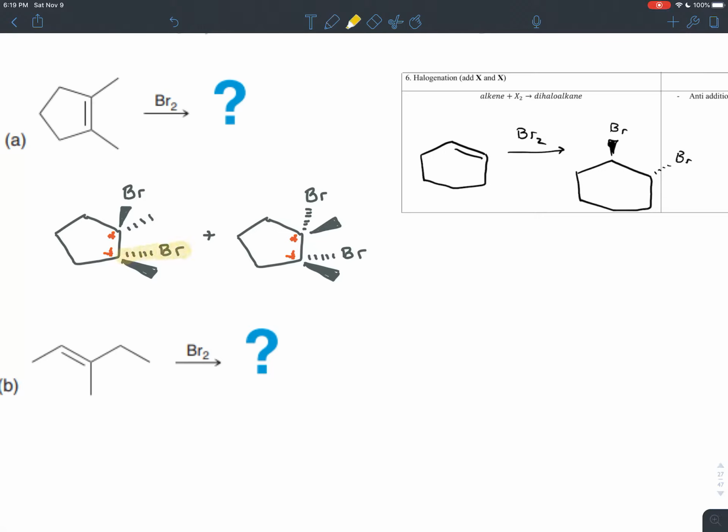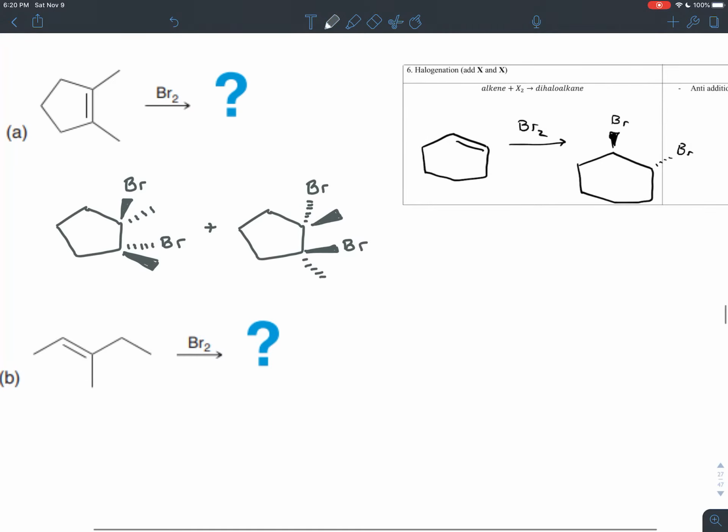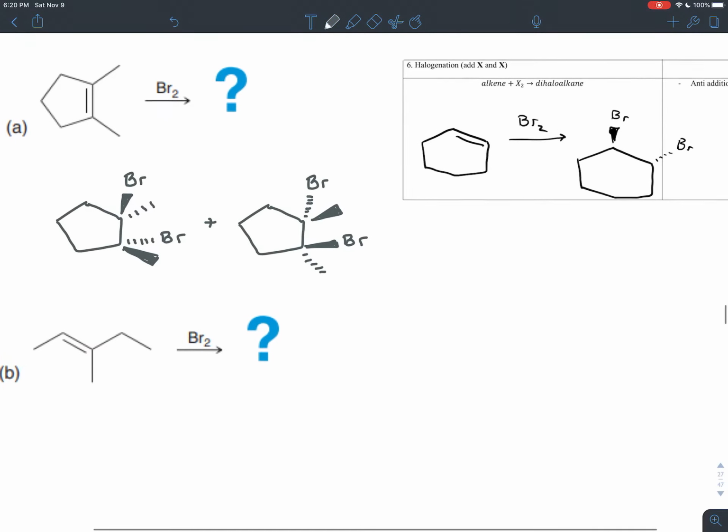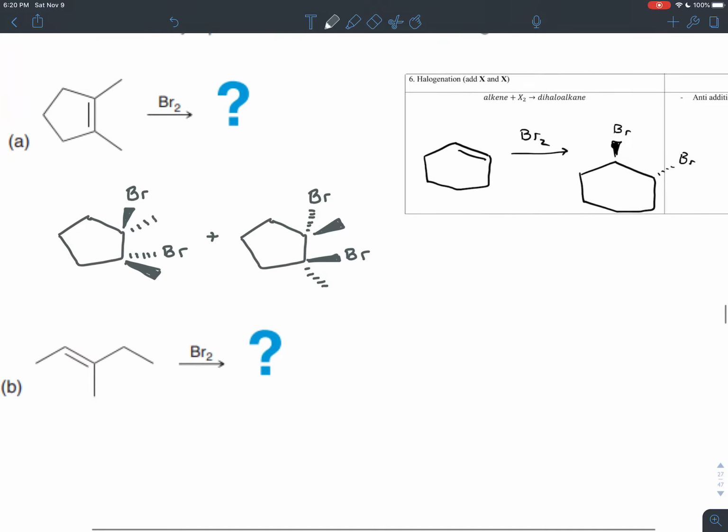If on the left the bromine is going away and the methyl group is coming out on the bottom, on the right the bromine will be coming out and the methyl group will be going away on the bottom. And so the chiral centers here will have switched, both of them, as you go from the left molecule to the right. And so since all the chiral centers switch, they are enantiomers. And again, you get that as a 50-50 racemic mixture.